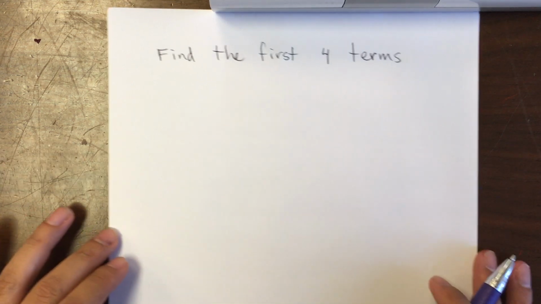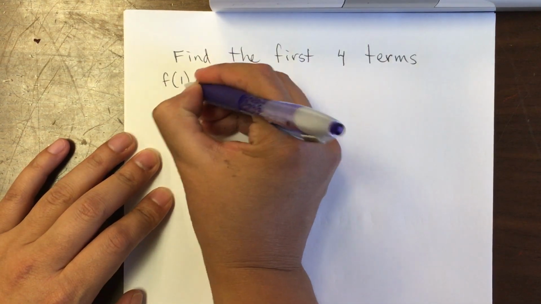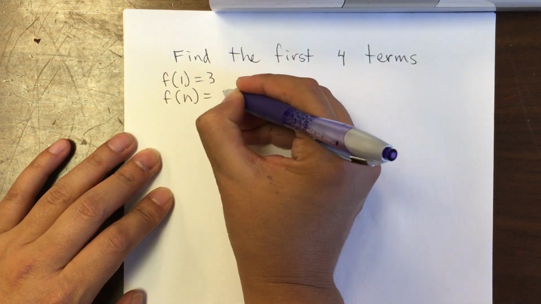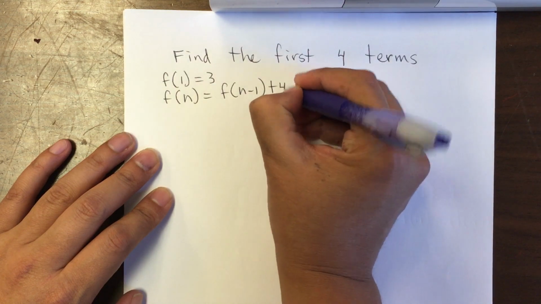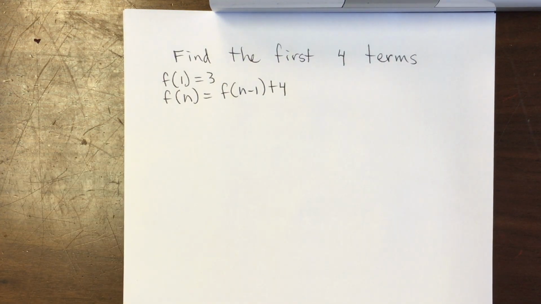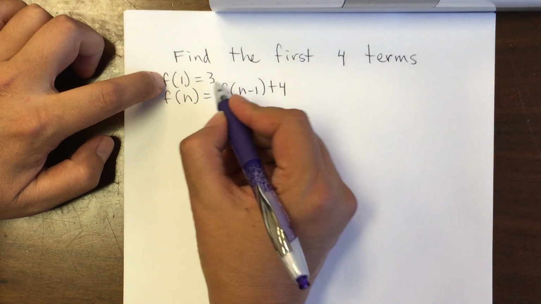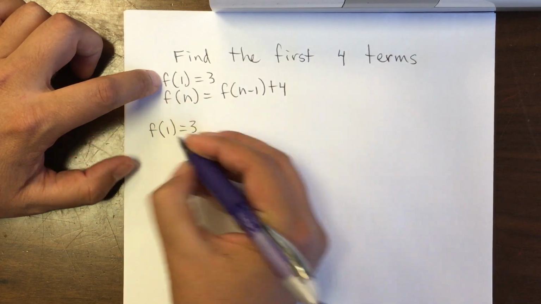Okay, so if I have f of 1 equals 3 and f of n equals f of n minus 1 plus 4, so this means that I have f of 1 equals 3.